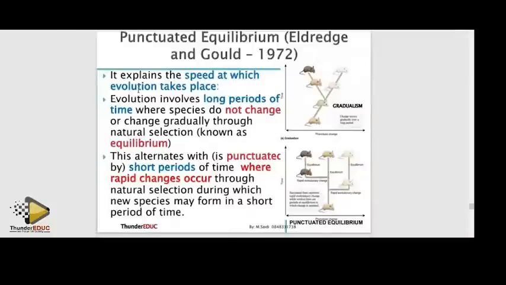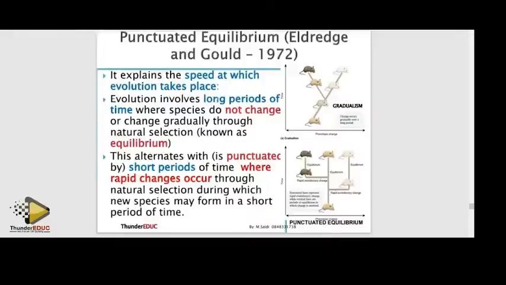It's saying that punctuated equilibrium, this evolution involves long periods of time where the species do not change, and it alternates with short periods of time where there is rapid change.